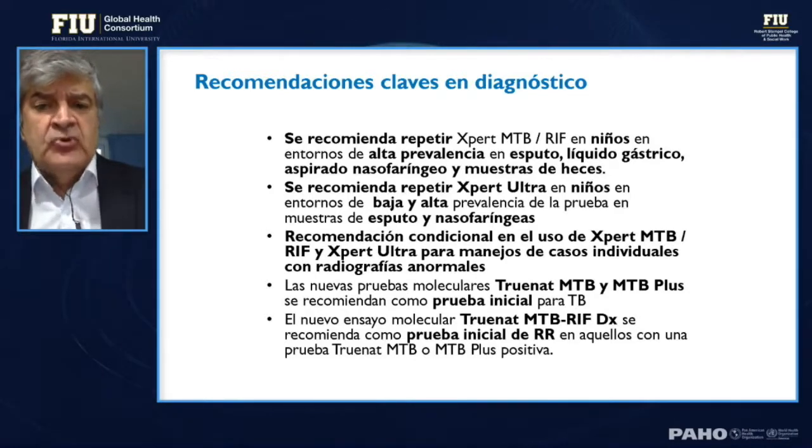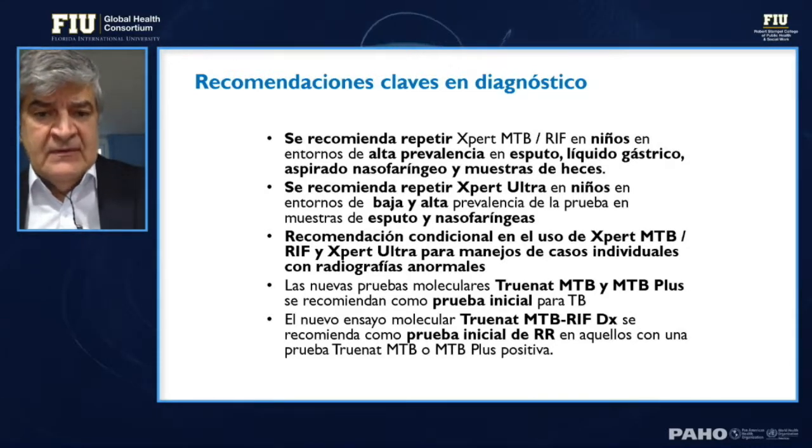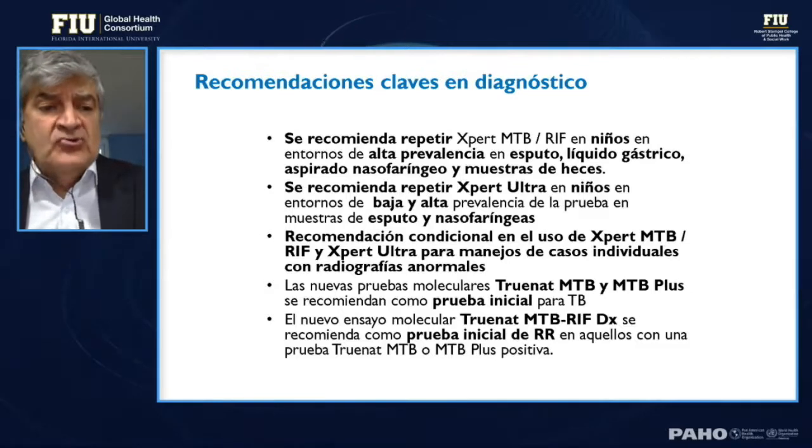It is recommended, however, to repeat these Xpert tests in children when the environments are high prevalence in sputum and gastric fluid, as well as nasopharyngeal aspirate and stool samples. It is recommended to repeat Xpert in children in areas of low and high prevalence for the tests of sputum and nasopharyngeal samples.